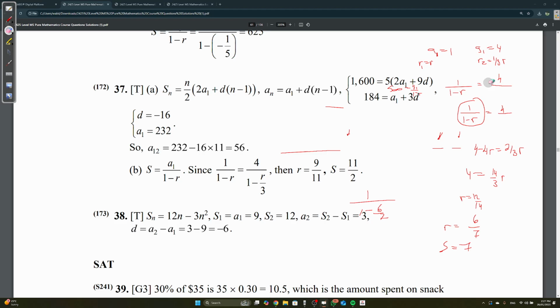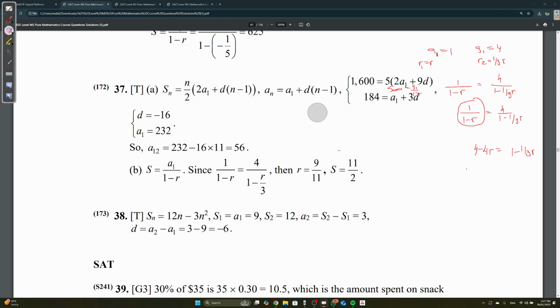Don't be a smart aleck, guys. Okay, just solve normally. 1 minus 1 over 3r. So 4 minus 4r equals 1 minus 1 over 3r. Let me fix my working. Use a bigger eraser.